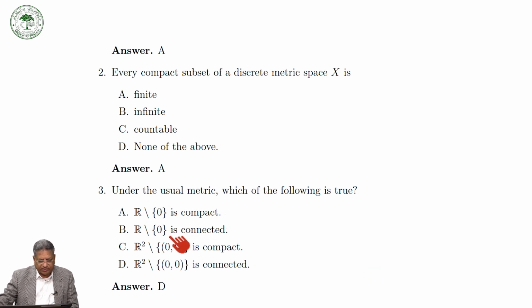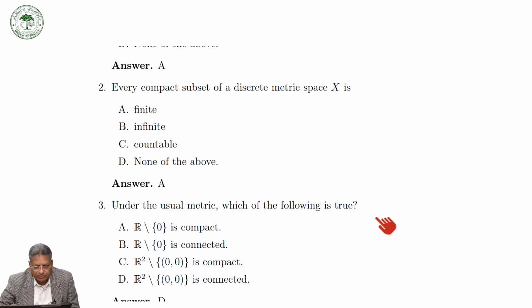Actually, here we have connectedness. R minus 0 is also not connected. And R square minus 0 is compact? We have just proved that it is not compact. In the exercise in the previous talk, we saw that if you take R square minus the diagonal elements (x, x), it is not compact.